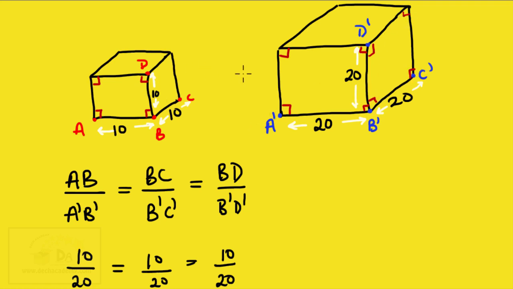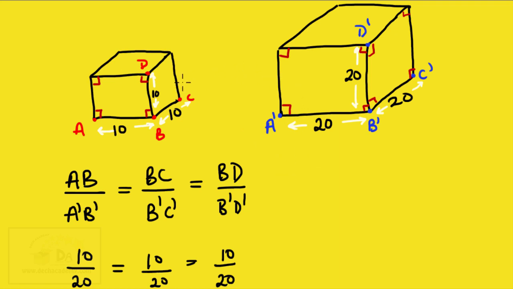So any two cubes will meet the conditions for similarity, which is why the question we just solved was based on the assumption that the cubes are similar. The question didn't state that the cubes were similar. We just knew for a fact that cubes are similar, and I've just shown you why. So it's not an assumption, but it's something you should know.